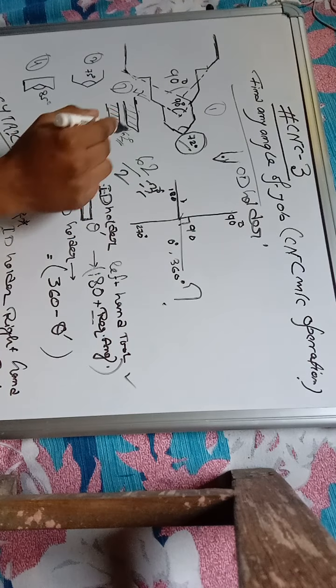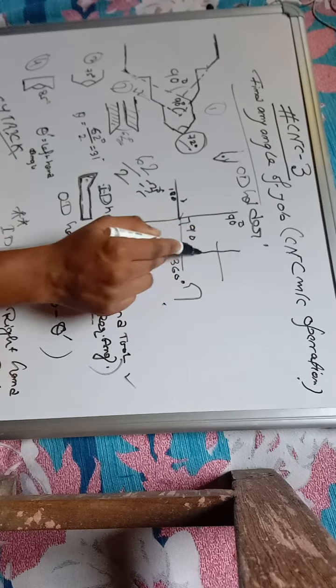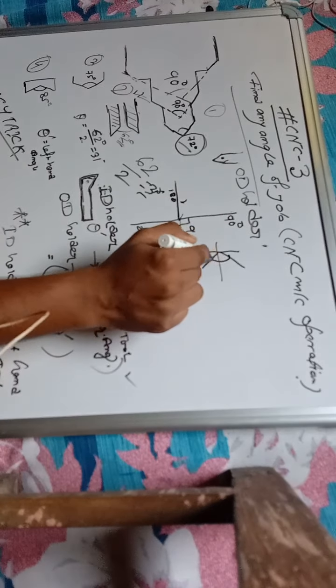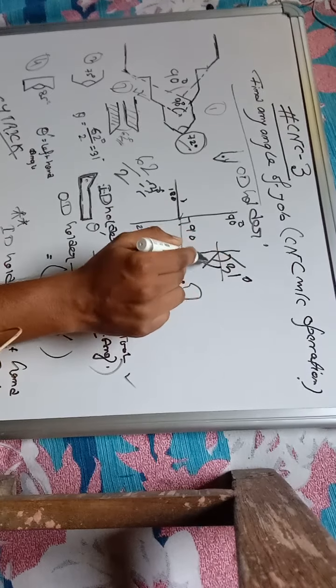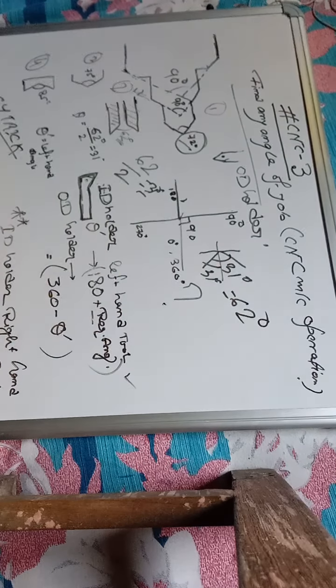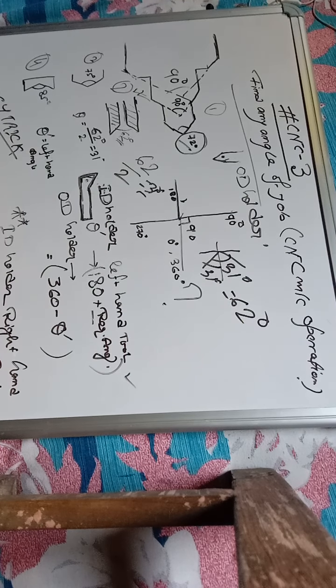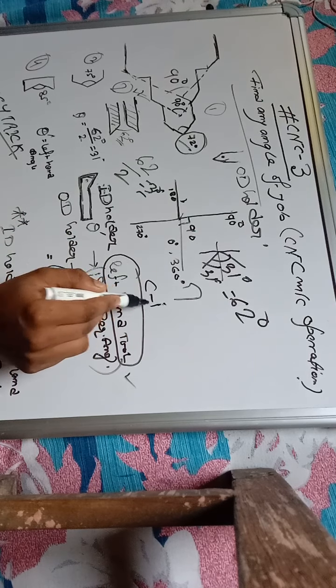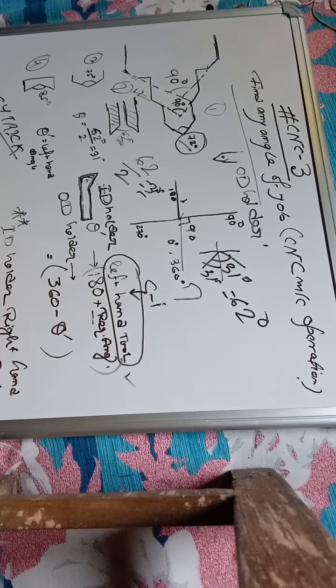This one is 31 degree and this one also 31, total giving 62 degree. Suppose we use an ID holder, not only ID holder, we have to use a left hand tool. Case 1, we need to use a left hand tool.